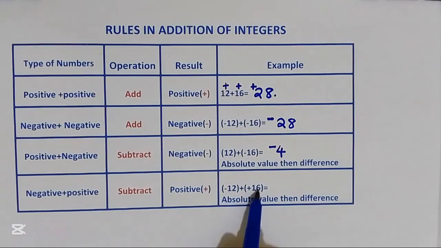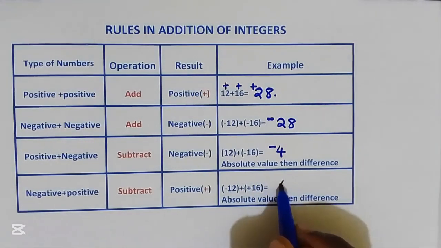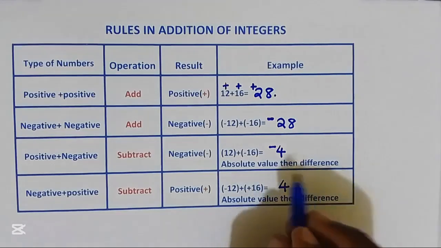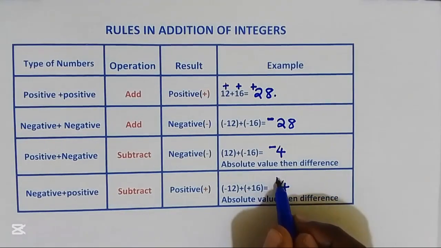The difference is going to be 16 take away 12. We'll get the answer equal to 4. The question is, what is the sign of 4? The sign of 4 is going to be the sign of the big number, that is 16. 16 carries positive. And this one, 4, also is going to carry positive.